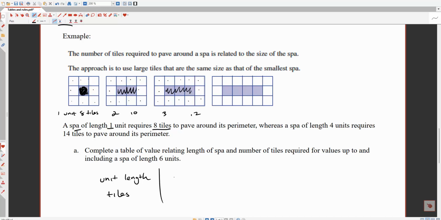All right, now the possible unit lengths, well, we've got 1 unit there, we've got 2 units, 3 units, 4 units, and these guys want us to go up to, what was it? 6 units, this one here. So we've got 5 units, and then we've got 6 units. So there's our table of values.